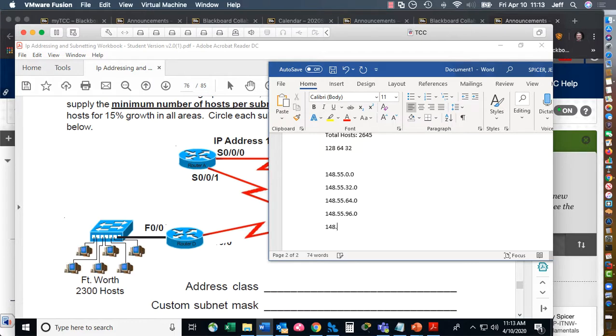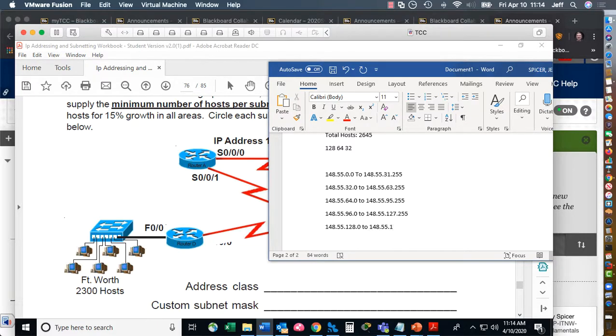So 148.55.128, and then 148.55.31.255, to 148.55.63.255, to 148.55.95.255, and 148.55.127.255, to 148.55.